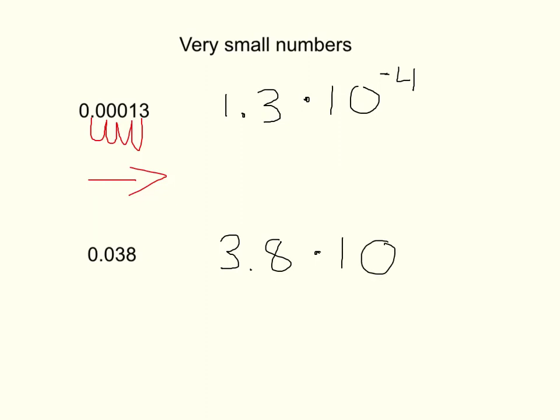Well, how many times did we move our decimal? We moved it here 2 times. So our exponent would be 2. We have to also note that we moved our decimal right instead of left. So our exponent isn't 2, it is -2.